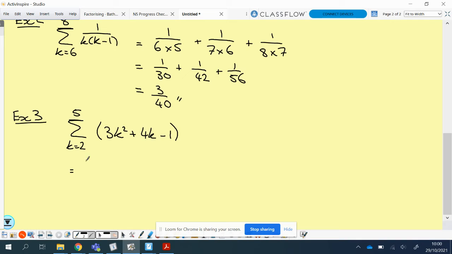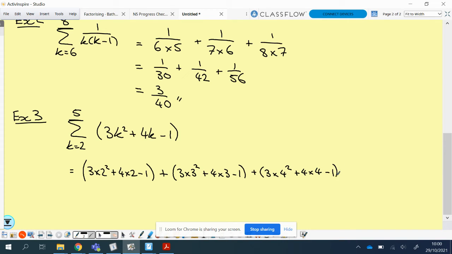Putting in k equals 2, that's going to be 3 times 2 squared plus 4 times 2 minus 1. We'll have to evaluate that. Then putting in k equals 3, 3 times 3 squared plus 4 times 3 minus 1. And k equals 4, 3 times 4 squared plus 4 times 4 minus 1.